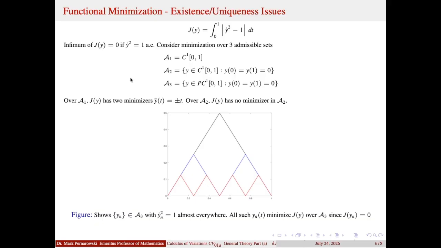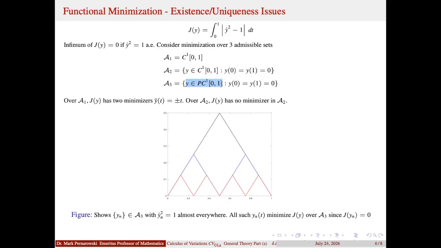That's just the prelude. Now let's consider minimizing this functional over 3 different admissible sets, A1, A2, A3. A1 will be continuously differentiable functions on 0, 1. A2 will be continuously differentiable functions on [0, 1] that are pegged to be equal to 0 at both the left and right endpoint. So it's a strict subset of the preceding one. A3 will be y's that are piecewise C1 on the interval.